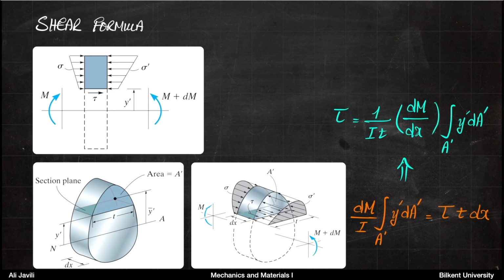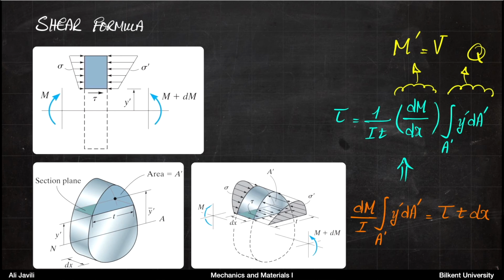So 1 over I t, t is the thickness again, dM over dx, that is essentially M prime, which if you remember, would be the same as the shear force V. And then you have the integral of y prime dA prime over A prime, and this looks very similar to what we learned as the first moment of area. And that's exactly what we are going to do.